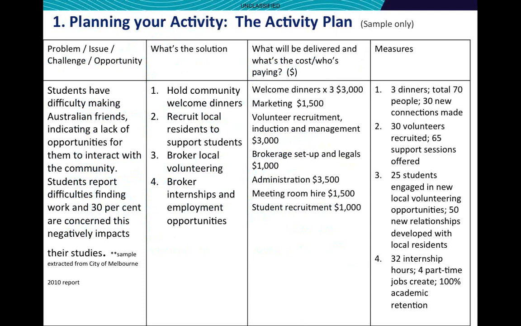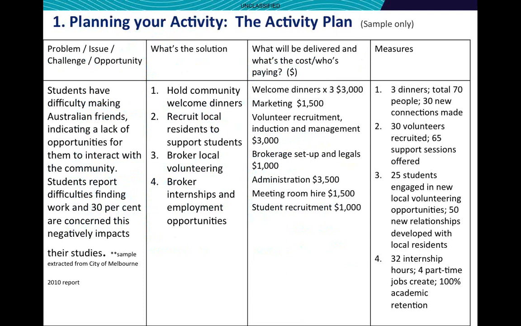Once we've decided on the solution, we've then discussed what we're actually going to do, what the cost is, and who's paying for that cost. So what are the stages and steps? Again, those figures are very indicative.